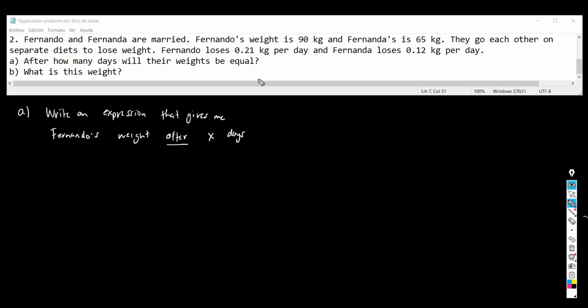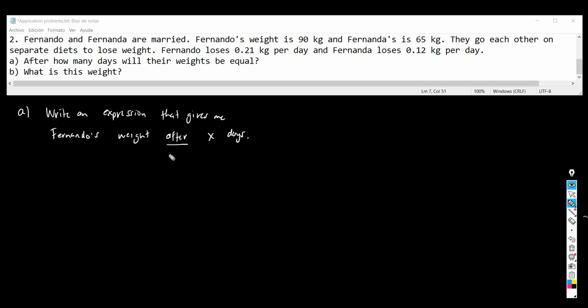So suppose that they start the diet right now, and then X days are gonna pass, and I wanna write an expression that will tell me the weight of Fernando after X days on the diet. So it's gonna be like this.